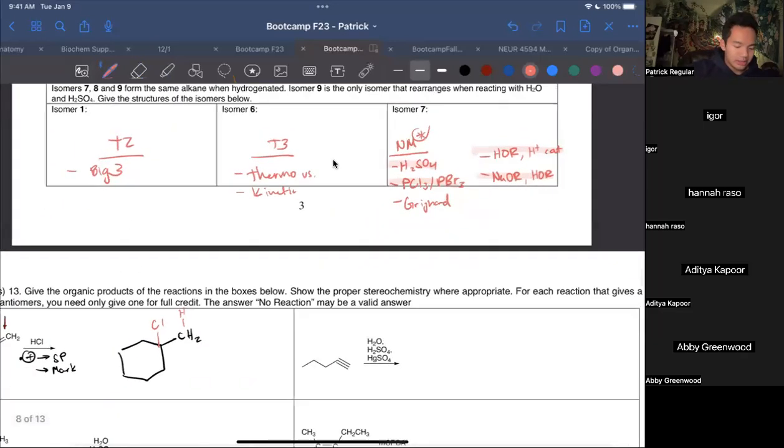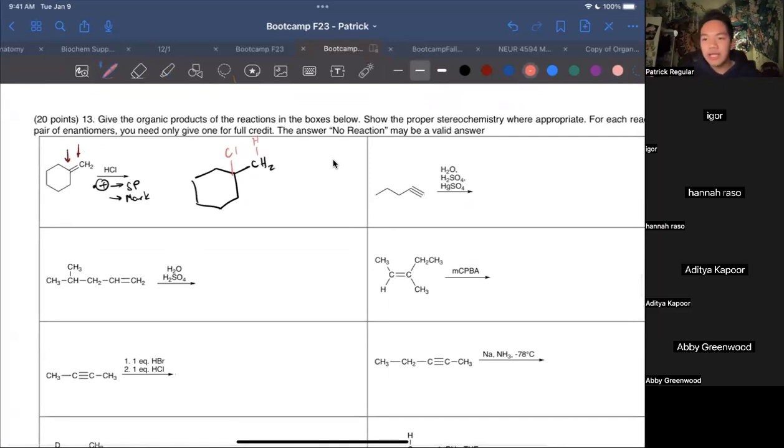Okay, let's move on. Thank you for catching that. H2O, H2SO4. Again, we have a carbocation intermediate. Shift is possible. We have a Markovnikov addition, and there's no syn or anti addition because it can add to either face of the carbocation. So the carbocation would initially form here. Now, you might be thinking, hey, there's a possible tertiary spot right there.